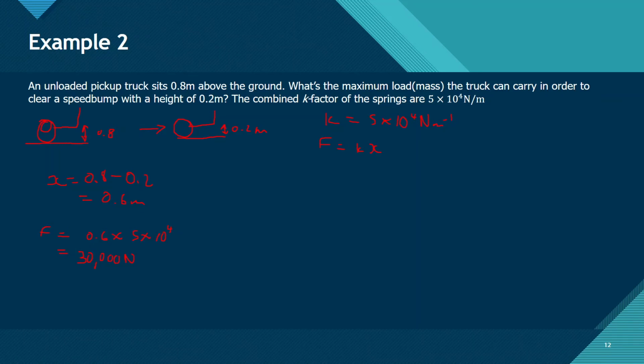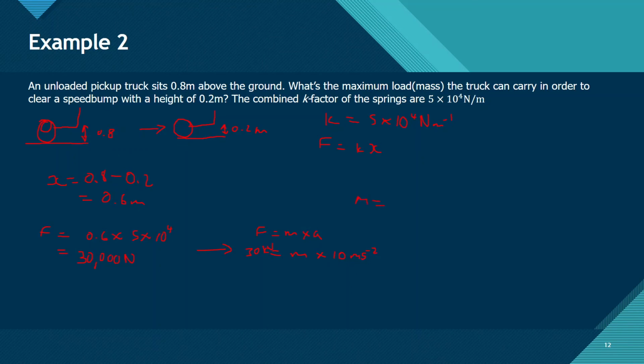So we take it one step further, and we recall that force is equal to mass times acceleration. We have 30 kilonewtons over here. We don't know the mass, but we do know that acceleration due to gravity, at least in CSEC's case, is 10 meters per second squared. 9.81 is more accurate, but I think CSEC uses 10.